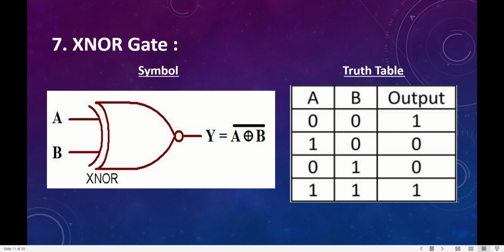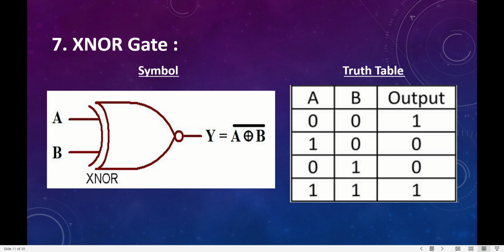In one case the two inputs are 0, and in another case the two inputs are 1, and in both cases the output is 1.